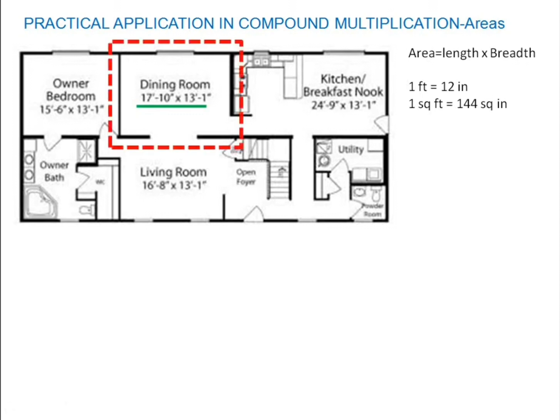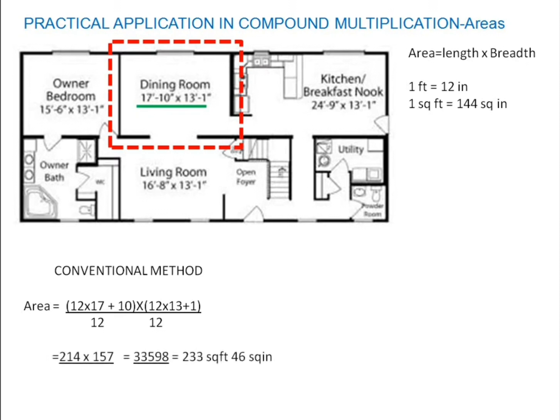Let us pick a small area, say the dining room, and calculate its area with respect to our special procedure. The conventional method is calculating everything in inches and dividing by 12 squared, shifting it back into square feet and square inches.